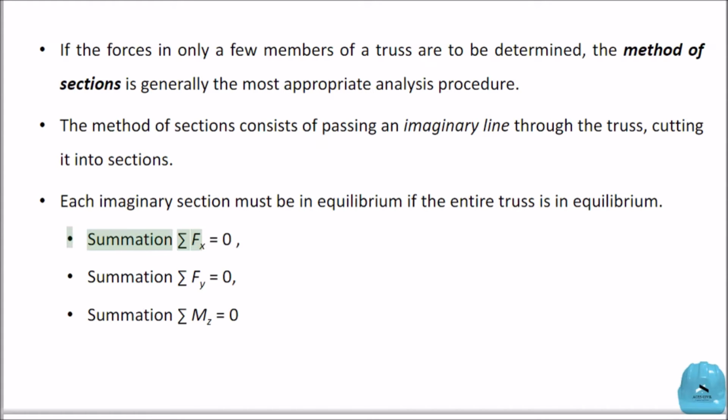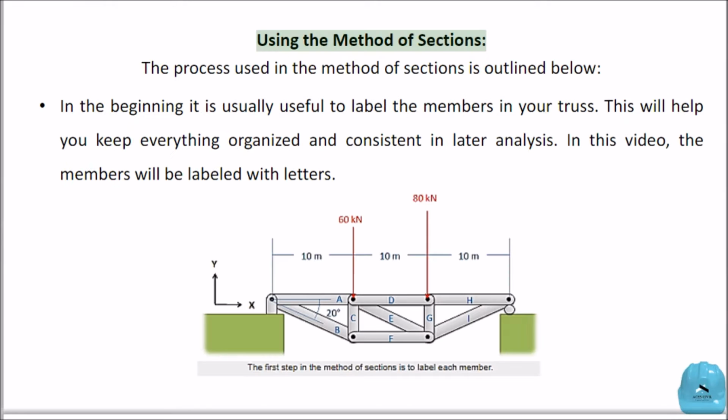Summation Fx equals 0. Summation Fy equals 0. Summation Mz equals 0. Using the method of sections.